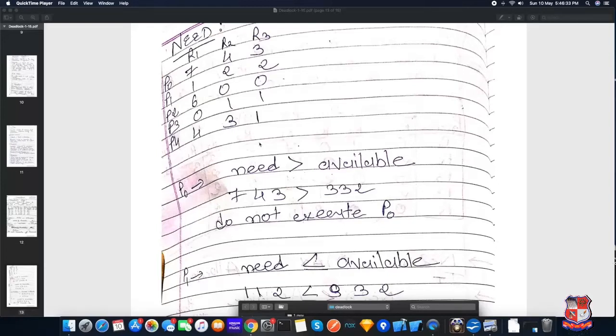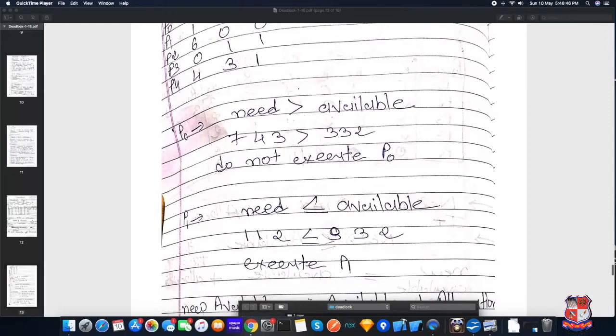Having applied step number one, we go forward to step number two, where we check whether the condition is true or false. The first check applies to the P0 process. The need matrix of P0 is 743 and the available value is 332.